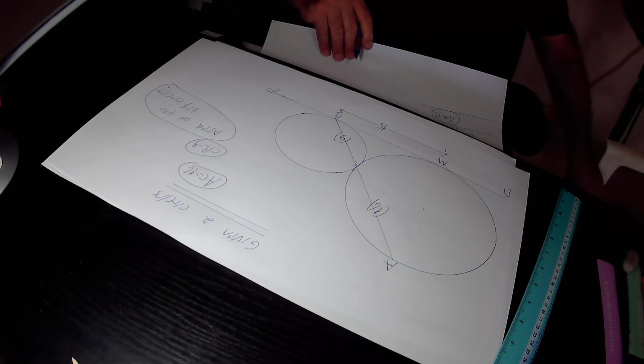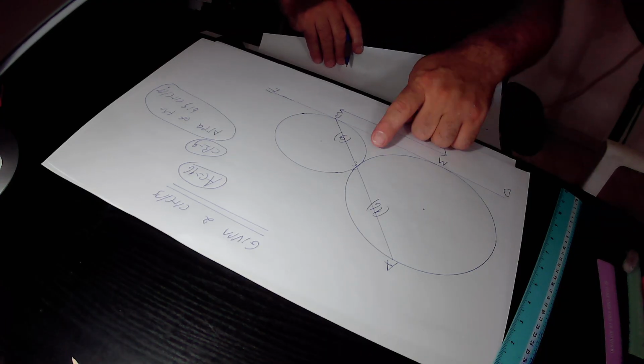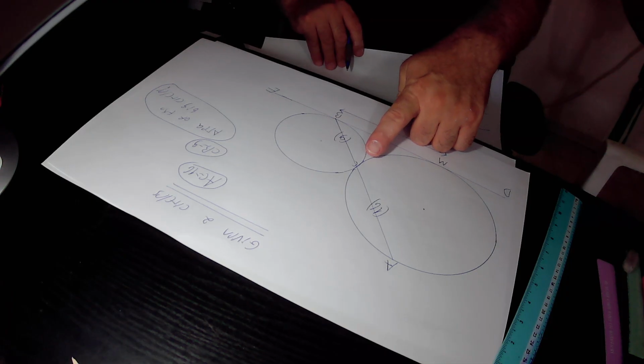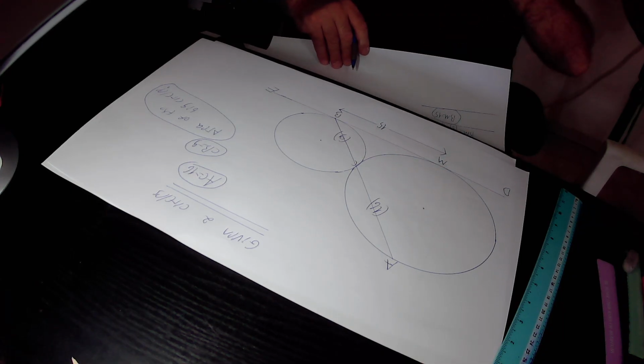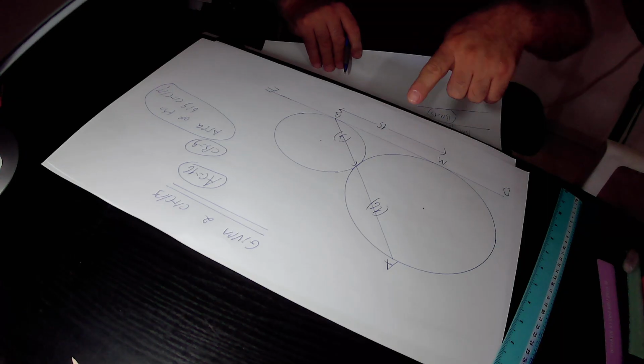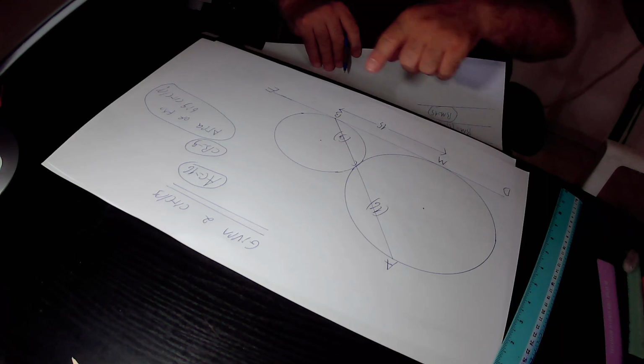In the next step, from point C, that is the point of tangency of the two circles with each other, we will draw a straight line towards tangent DE.